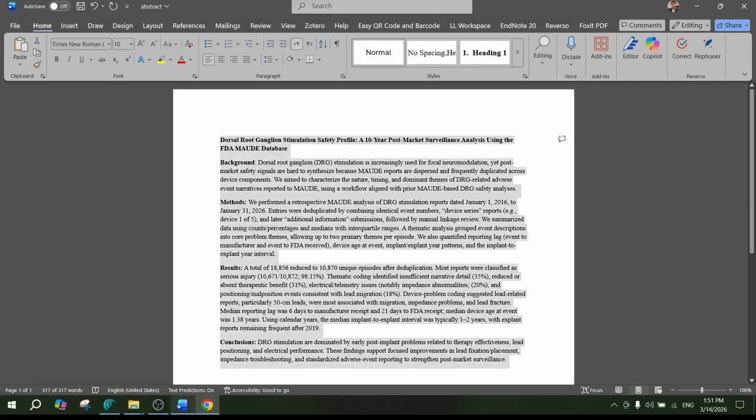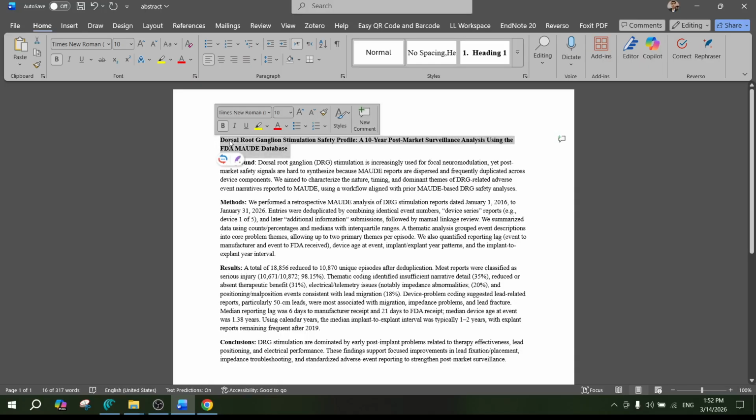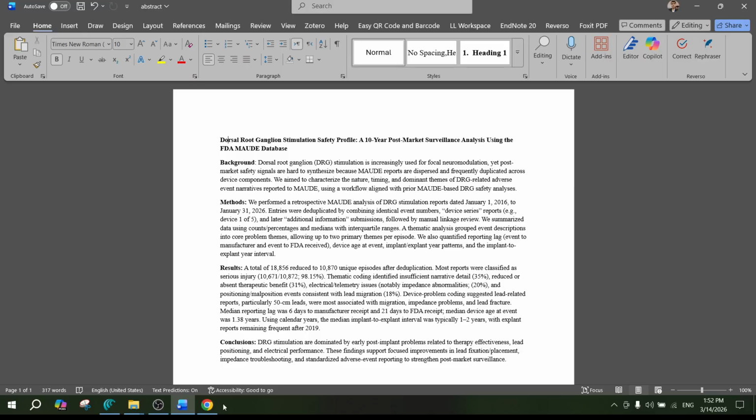Our topic is dorsal root ganglion stimulation, which is for pain. It's a device approved in 2016, and it's used mainly for treating chronic pain. And this study can fall under categories like interventional radiology, neurology, neurosurgery.